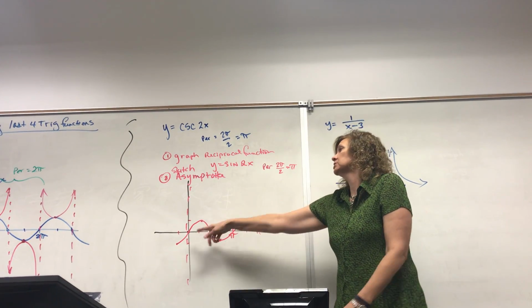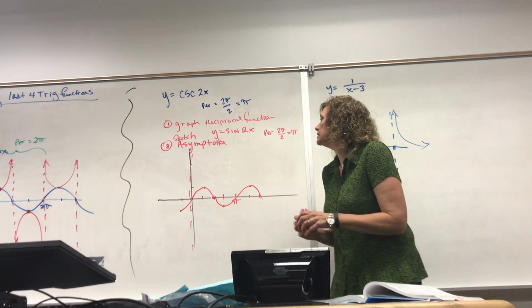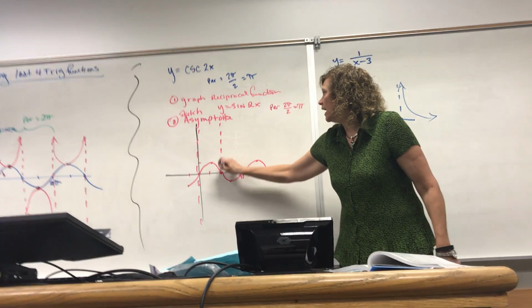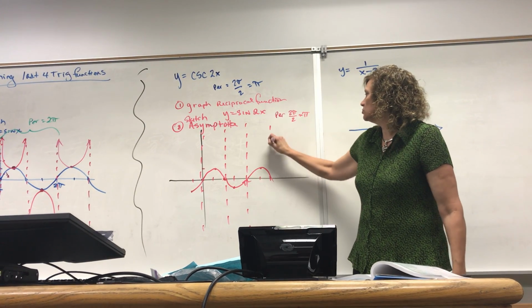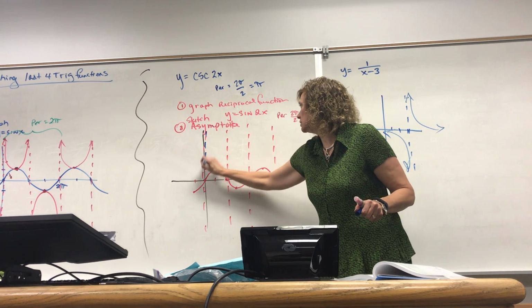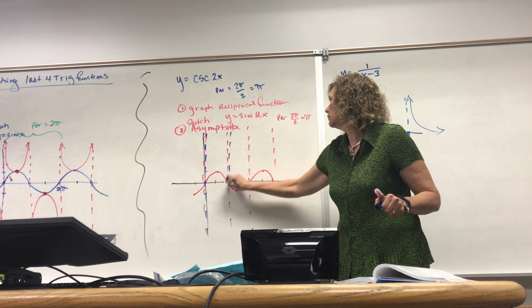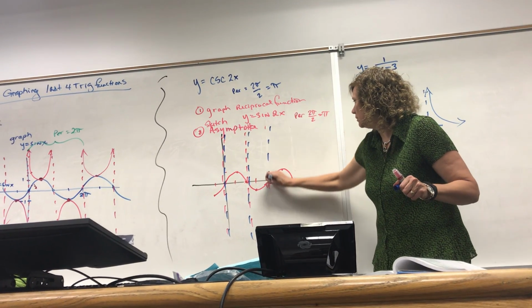I'm just going to draw my curve and see where it hits the x-axis, because that's where the reciprocal function will have issues, and I'm going to draw those asymptotes. I should have drawn them in blue because those are actually needed for the cosecant graph.